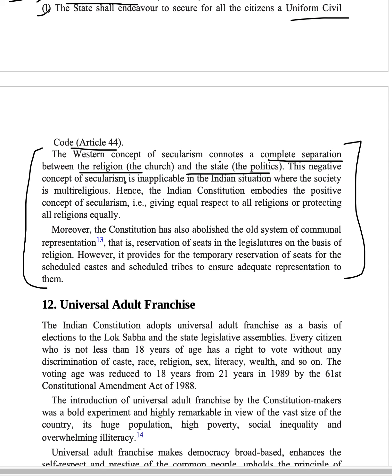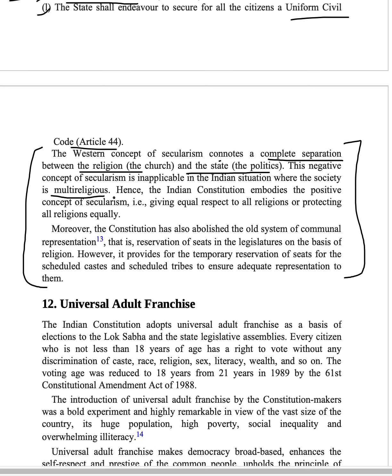This negative concept of secularism is inapplicable in the Indian situation where the society is multi-religious. Here we have so many religions, and this cannot be applicable, because the state cannot just have a policy of total non-interference, because different religions may fight among each other. There could be many wrong things in different religions.